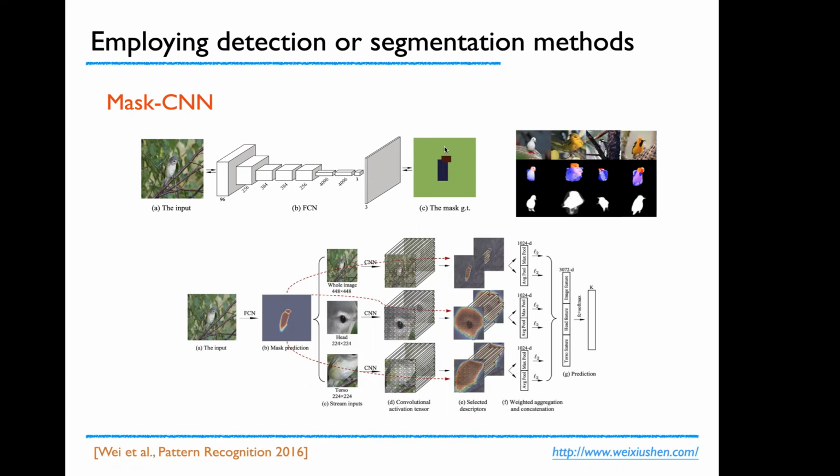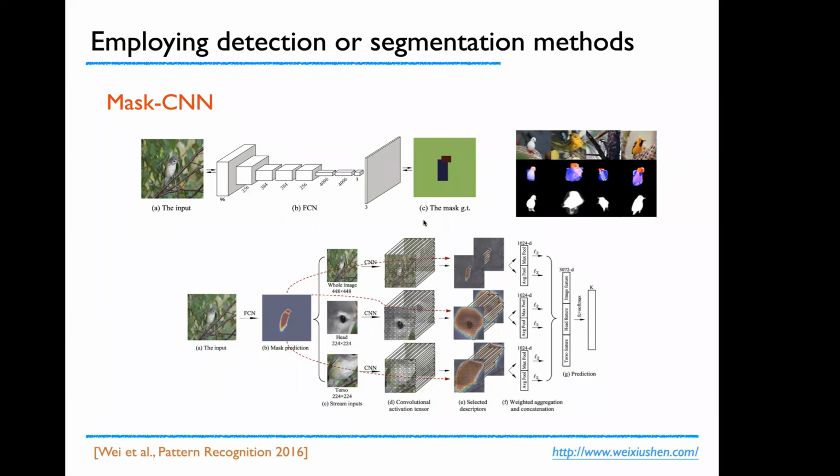Compared with detection techniques, the segmentation can result in more accurate part localization, because the object of segmentation is at the pixel level. So we can use segmentation to return more accurate part or object level masks.